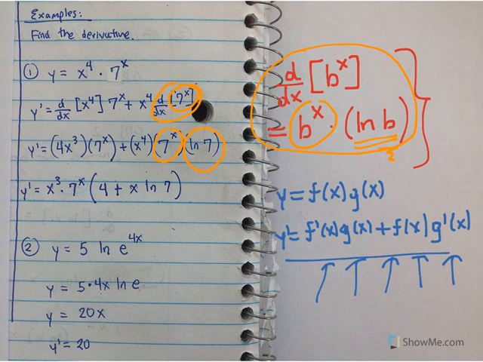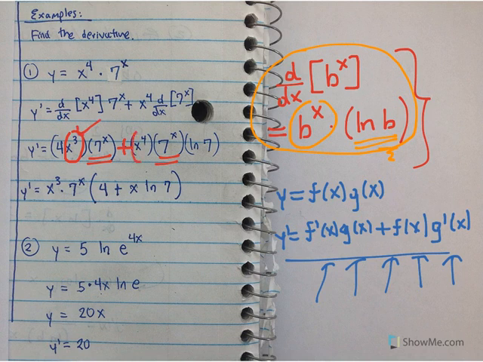And now we just need to simplify by factoring out the greatest common factor from each term that we have in our derivative. So you can see that in our derivative we have two terms separated by the plus sign. Both terms have a common factor of 7 to the x, and also both terms have at least 3 factors of x.